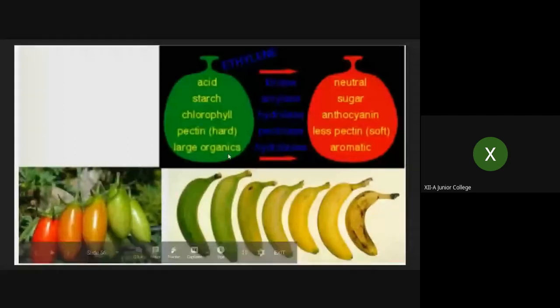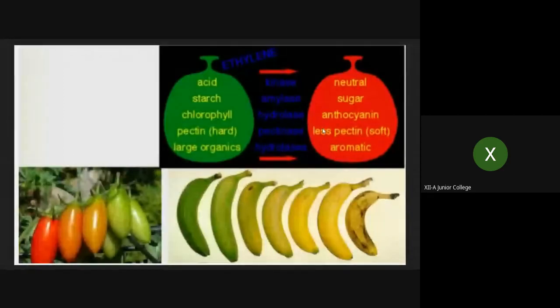So what happens: natural sugar, anthocyanin, less pectin, soft, and then aromatic, that means it gives aroma. So this is the role of ethylene. Acid, starch, chlorophyll, pectin, large organic acids are present, and when the ethylene is playing its role, different types of enzymes work, and that results in the ripening. Pectinase, that is the wall hydrolase, amylase, kinase.